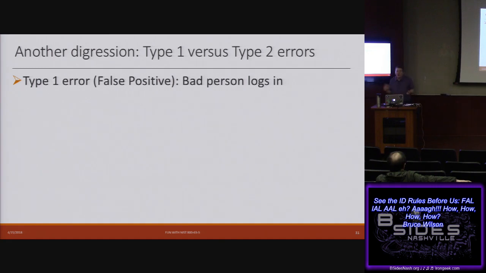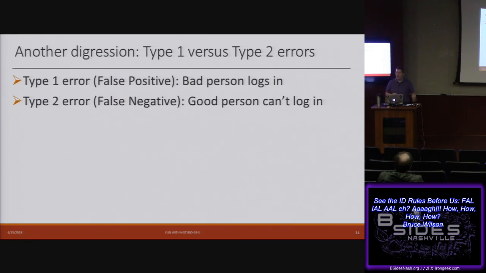A type 1 error, also known as a false positive, which is to say a bad person is able to impersonate somebody. That's what most of that document talks about. This is most of what we think about when we're thinking about security. But the role that I sit in, I'm worried about security, but I'm also worried about operations.